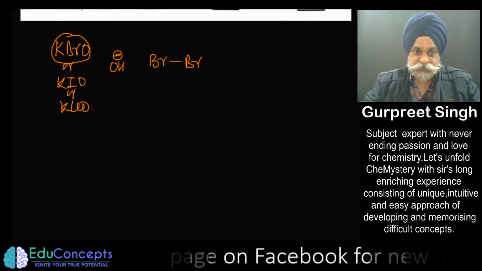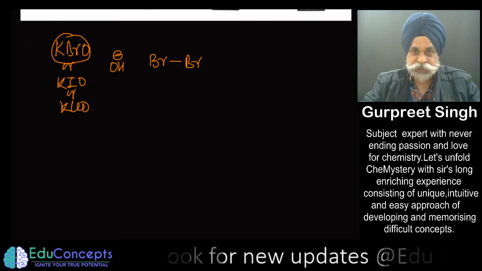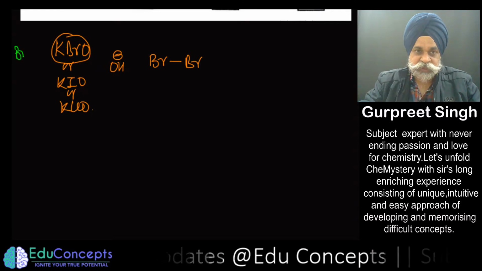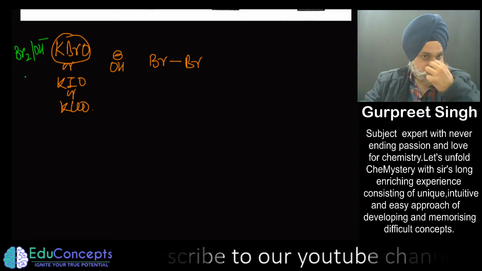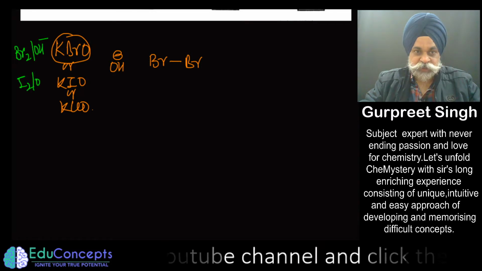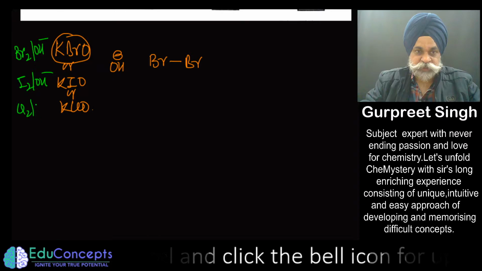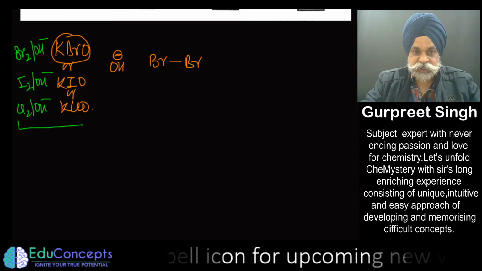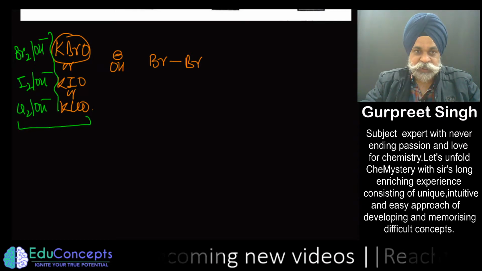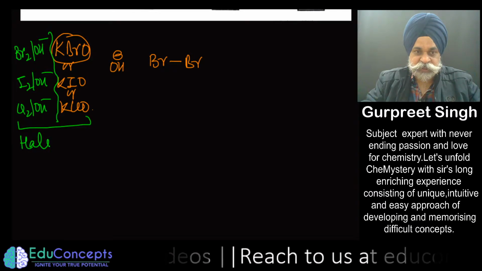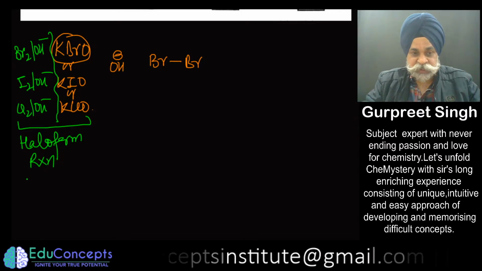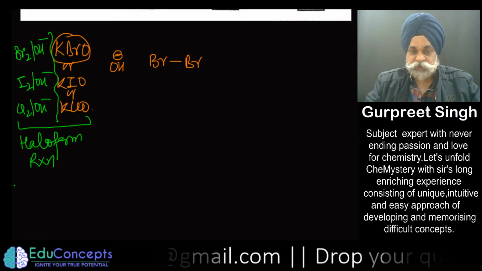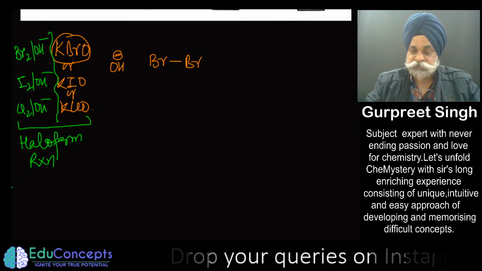So if somebody gives you this reagent, actually he is telling you that you are being given Br2 in presence of OH negative, or I2 in presence of OH negative, and Cl2 in presence of OH negative. And these are nothing but the ingredients of the haloform test, the haloform reaction, which we call iodoform or chloroform, or bromoform.